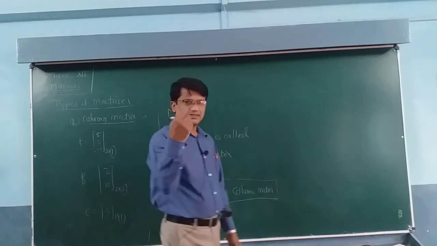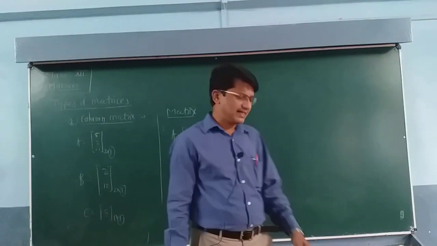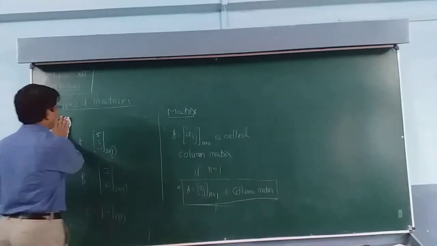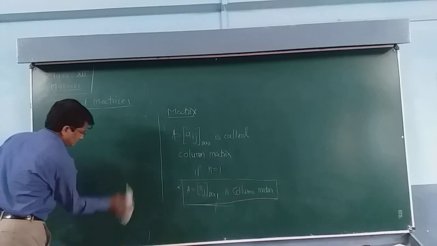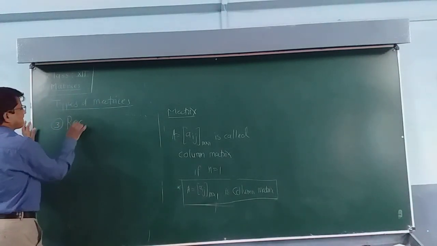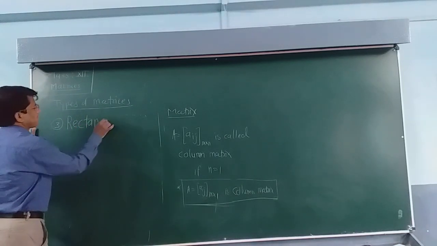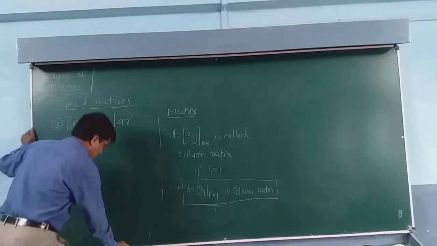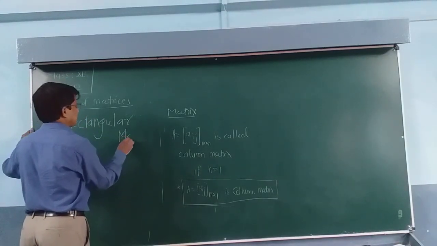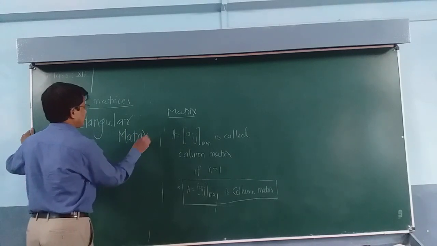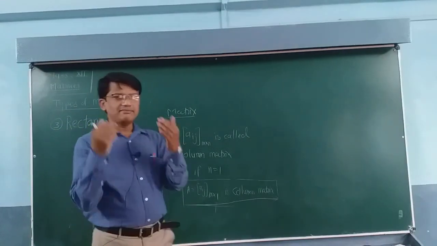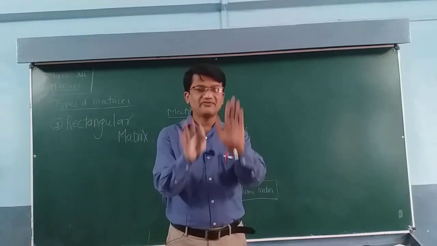Okay, let us see now the third type of matrix. The name of the matrix is rectangular matrix. The numbers are arranged according to rectangle form.